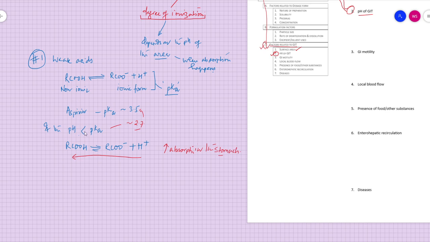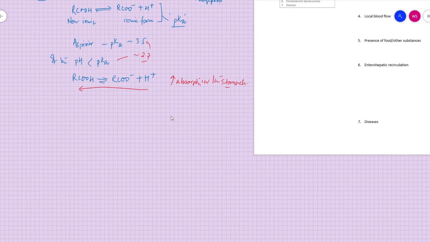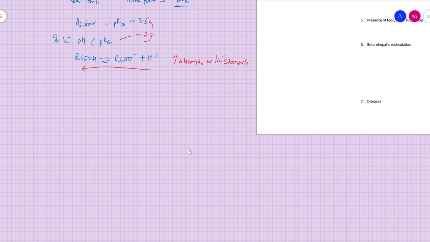Okay, so there are lots of weak acids like this. Let's look at some examples. The first one that we talked about is aspirin. There are other drugs, and let's have a brief list of those drugs.